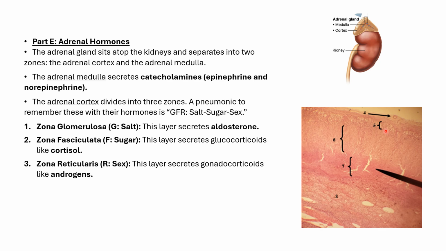When we have low blood pressure, it sets certain pathways in action, and as a result aldosterone is secreted. So the major stimulant of zone 5, or zona glomerulosa, is not the hypothalamus and anterior pituitary; it is low blood pressure.